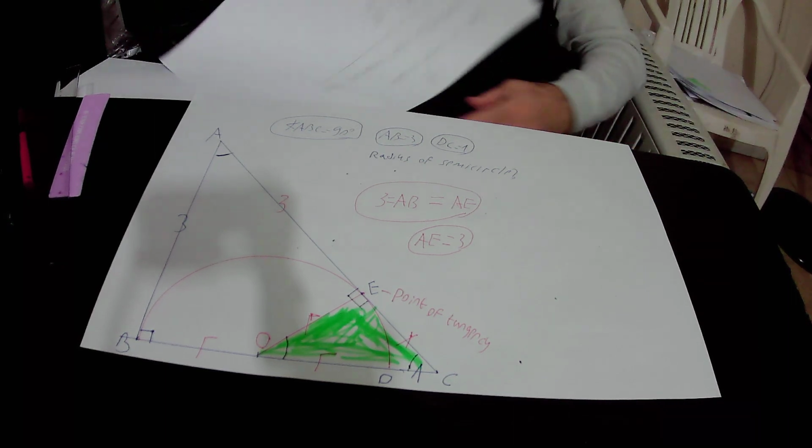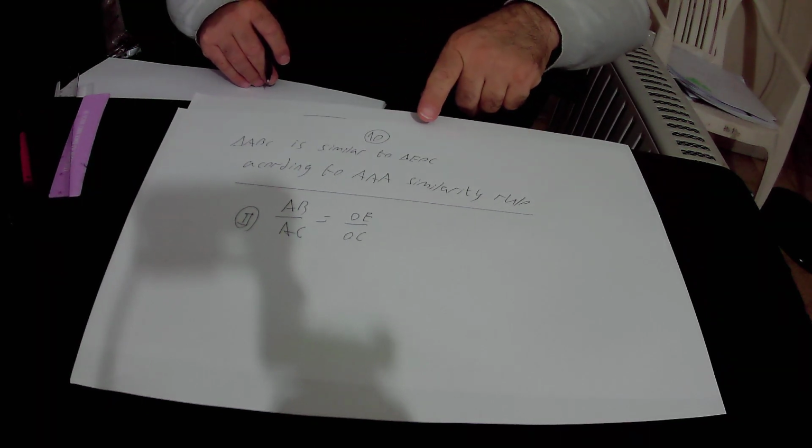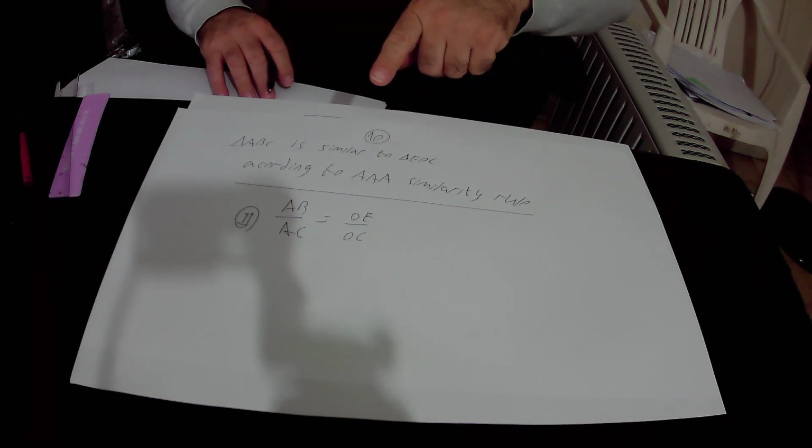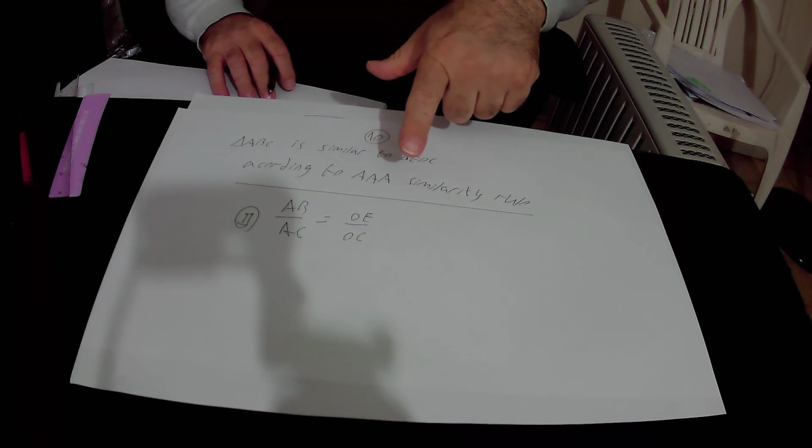I will repeat again. Because triangle ABC is similar to triangle OEC, the following equality is true: AB over AC equals OE over OC.